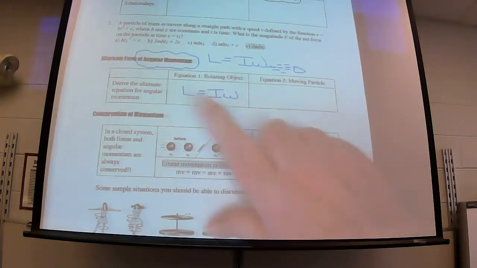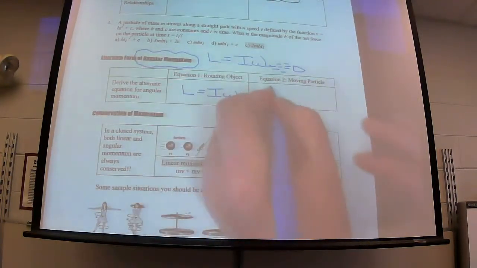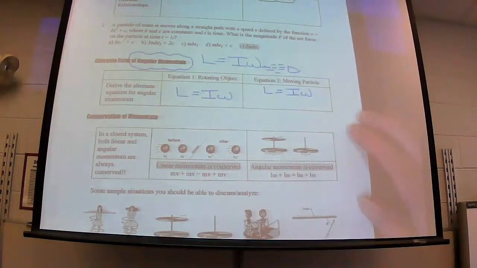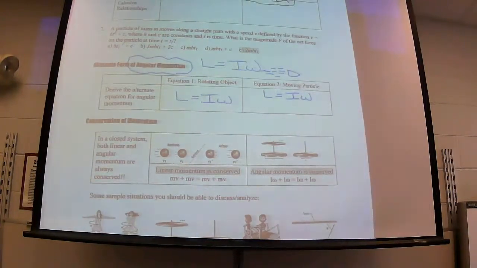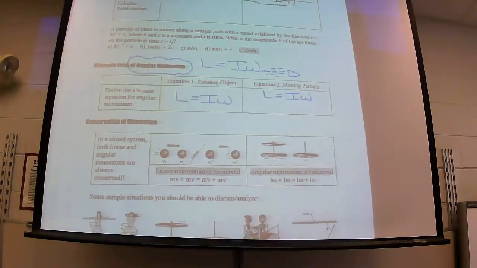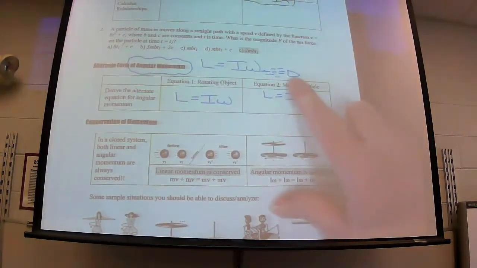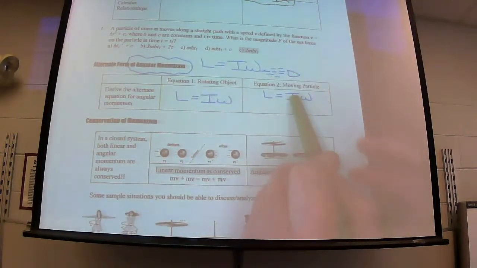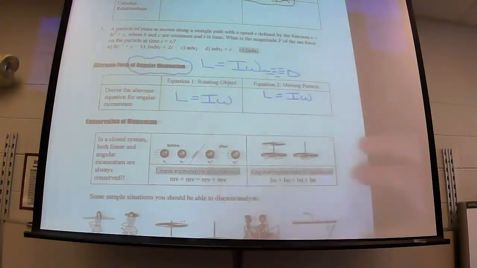So I'm going to take this equation, L equals I omega, and I'm going to break it down. I'm going to derive another equation that I could use instead of I omega because it's really not rotating. All right, so the I equation of a bullet.